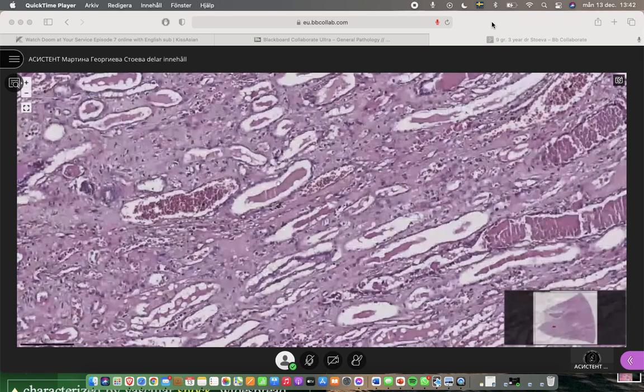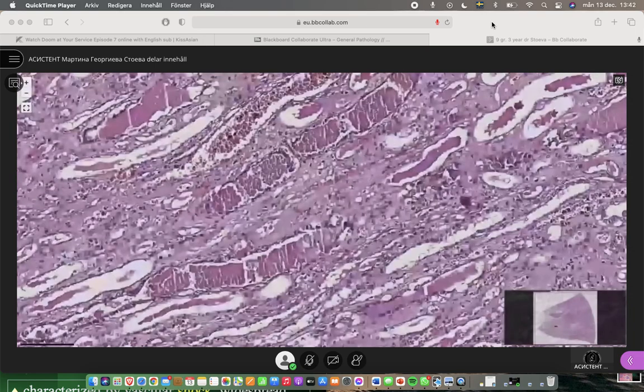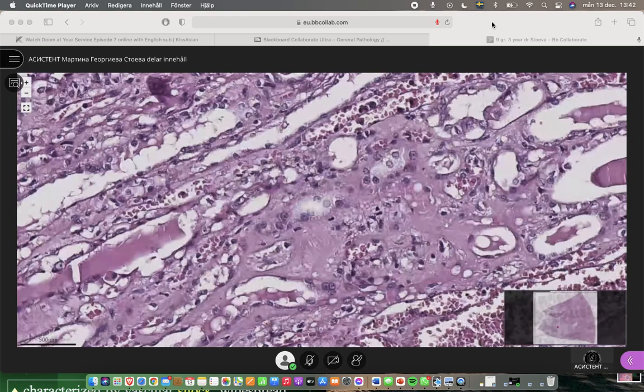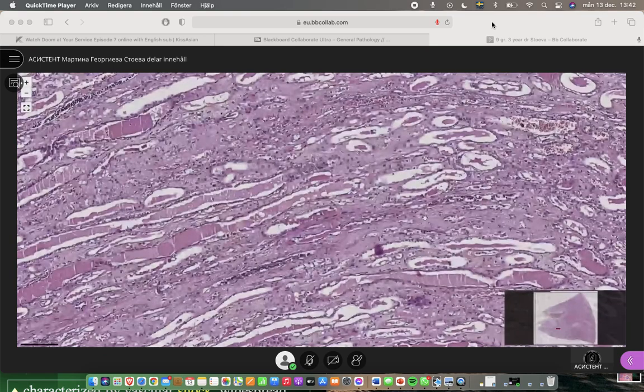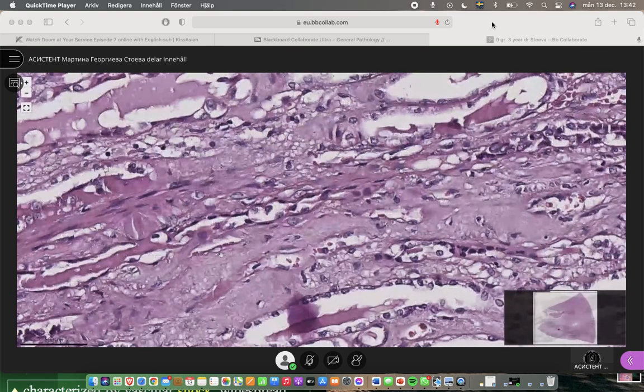In the interstitium, we can find some areas that look more homogeneously pinkish. So this could be also amyloid deposits. Here again. But of course, we should check it with a special staining.